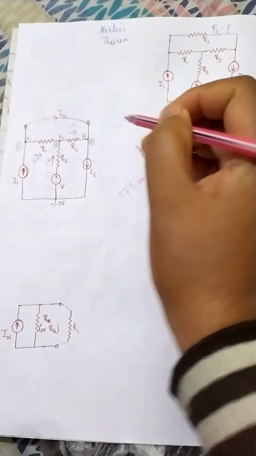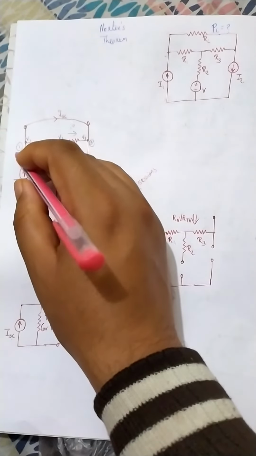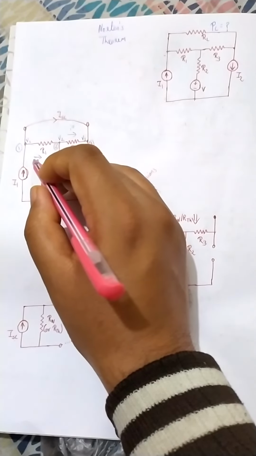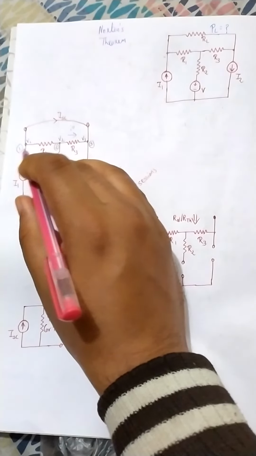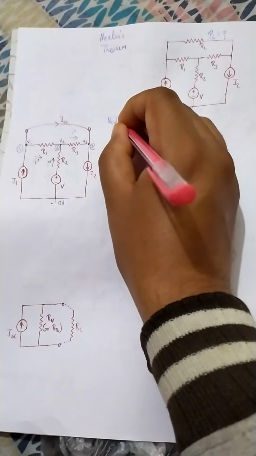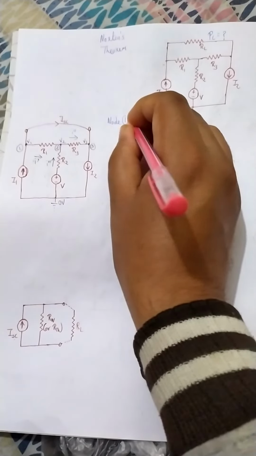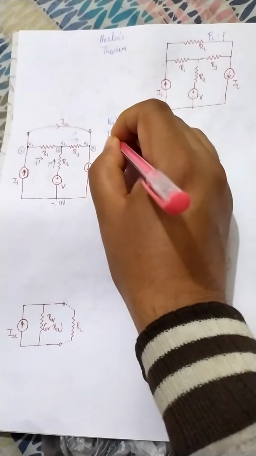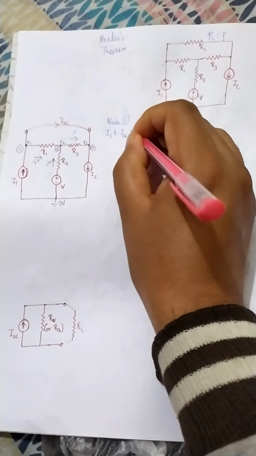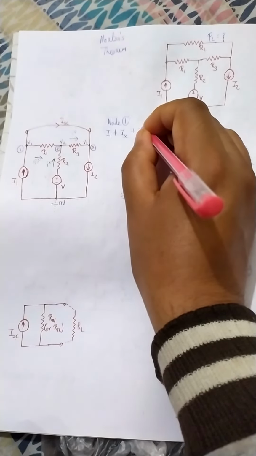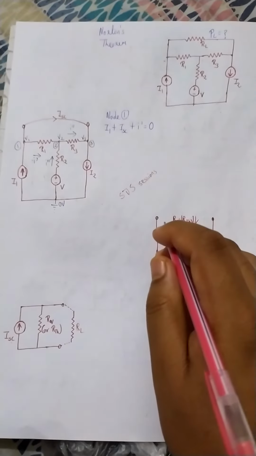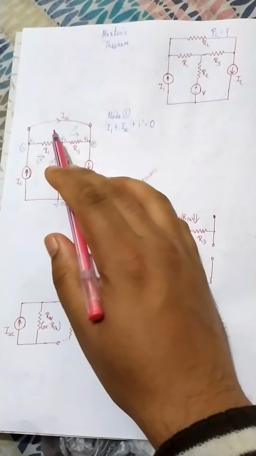For node 1, I1 is coming inside, ISC will be in this direction, and I dash will be from 1 to 2. So we can write I1 plus ISC plus I dash equal to 0. There is no outgoing current.